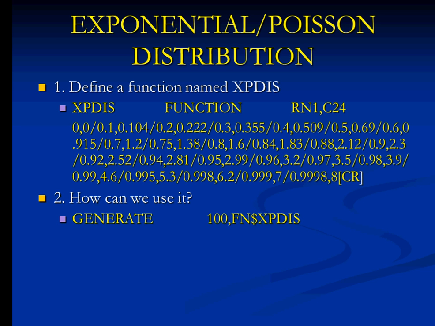We can use it in a GENERATE with a mean of 100, and then we specify that the function is named XPDIS. This is just the name, and the string character over there, the money sign, is just for defining that the function is named XPDIS. We can also use it in an ADVANCE.